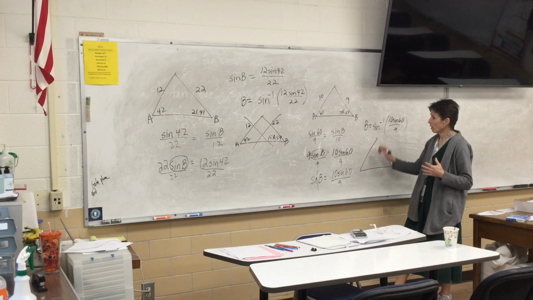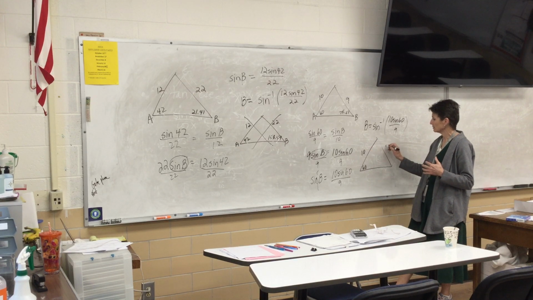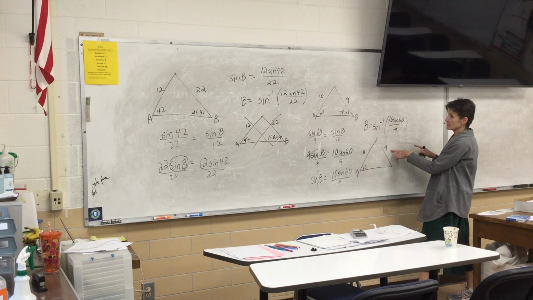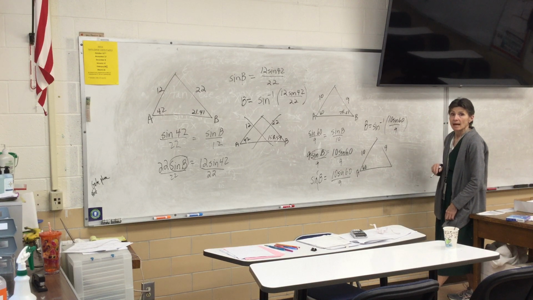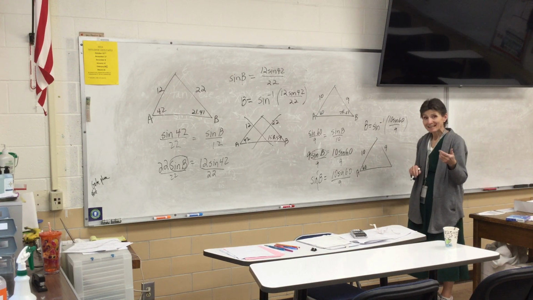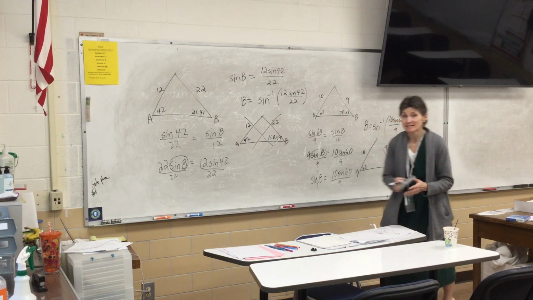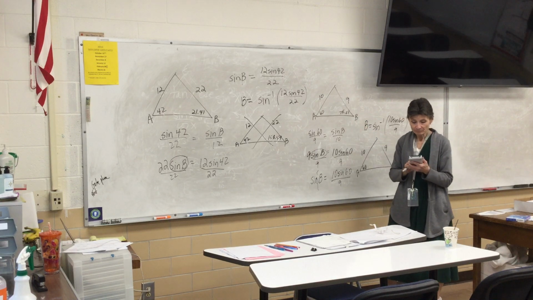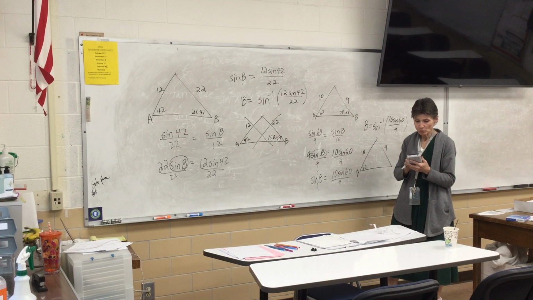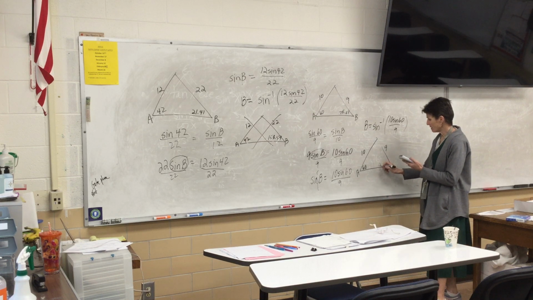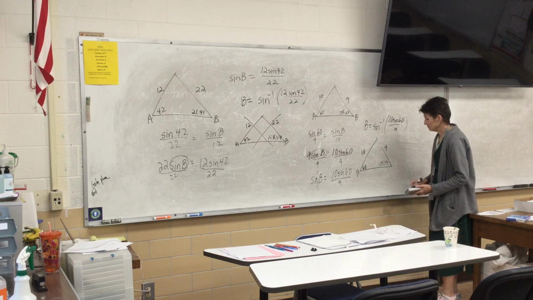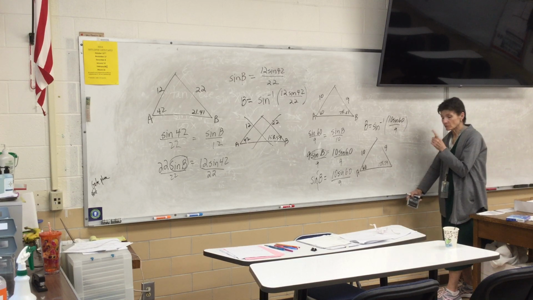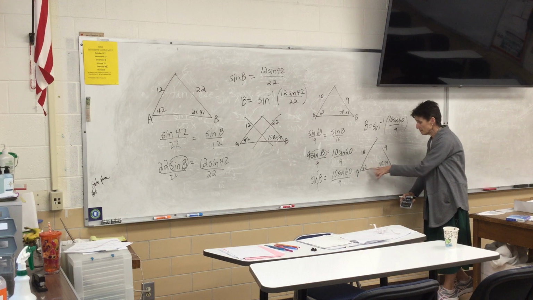So immediately draw the same original triangle again. A is 60, this side's 9, this side's 10. And check to see if the second angle works. Remember, the second angle is always 180 minus the first one. So 180 minus the first one is 105.79. Now, is it possible to have a triangle with a 60 and a 105?